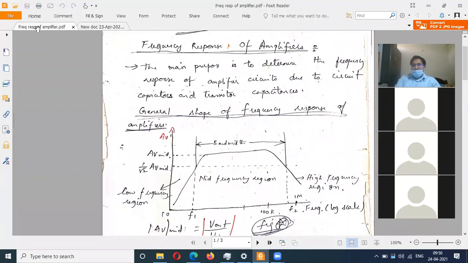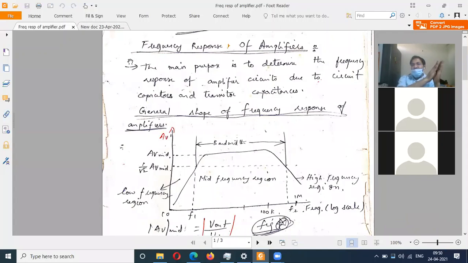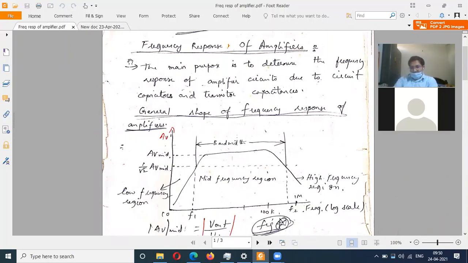What I mean to say is, for an amplifier circuit, if you gradually change the frequency, the gain increases, remains constant, then decreases. This is the general shape for any amplifier.